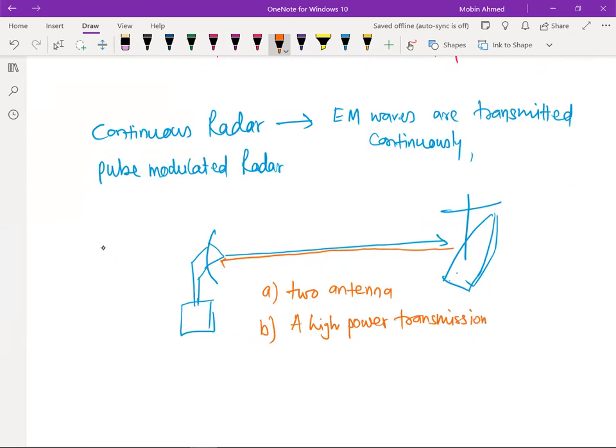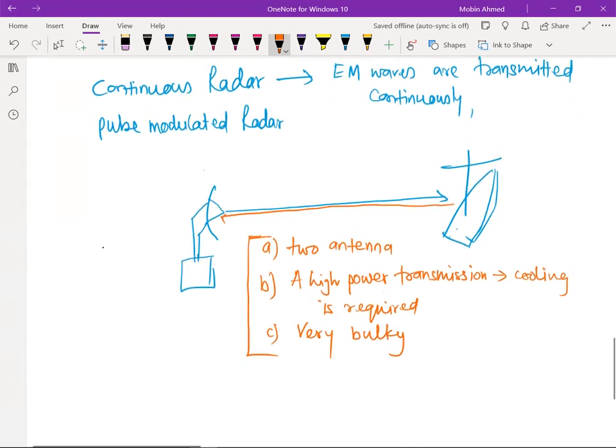And if high power is continuously transmitting, then efficient cooling is required, and the system becomes very bulky. These were the main problems with this type of radar. So this type of radar is discontinued, no longer used, and we go for pulse modulated radar.